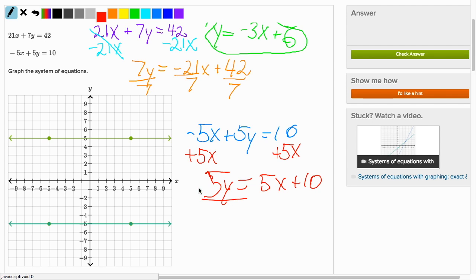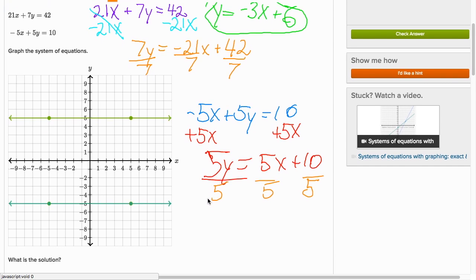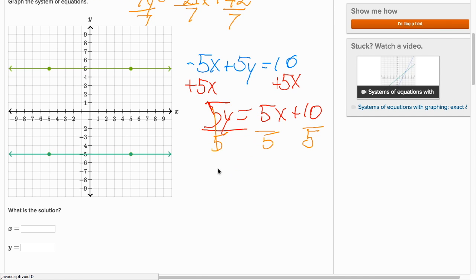Should be simple enough to divide out factors here to get y by itself. To finish up here, we'll get y.